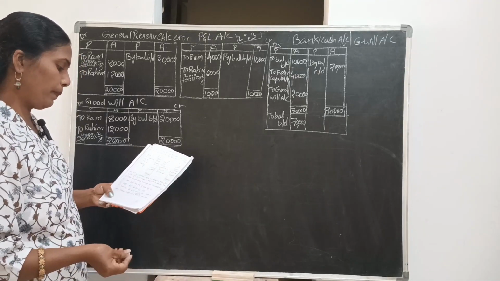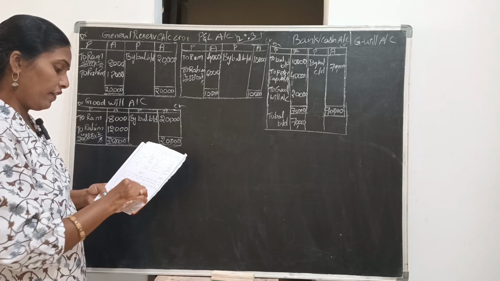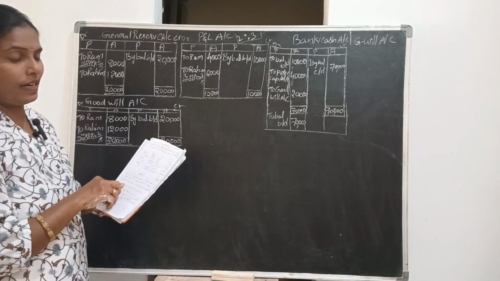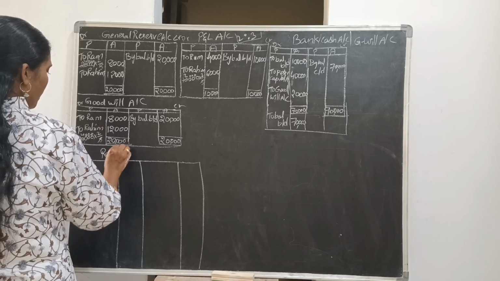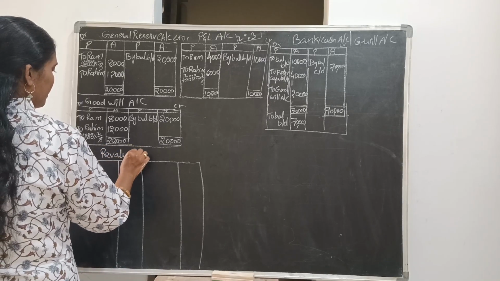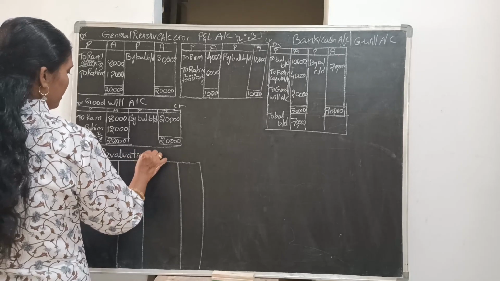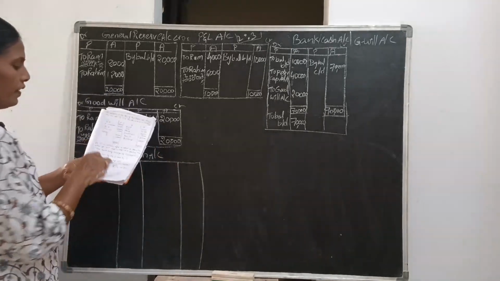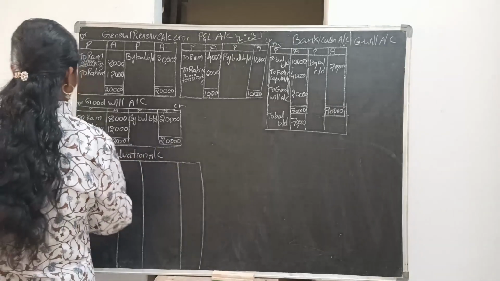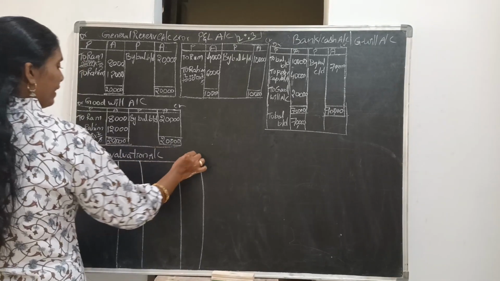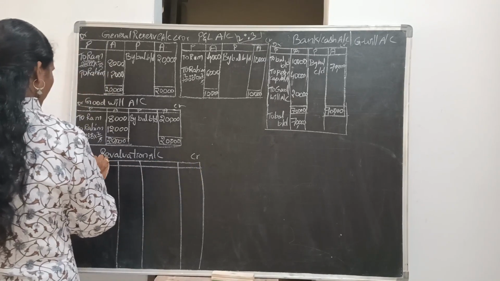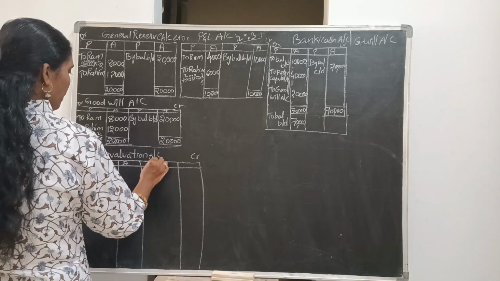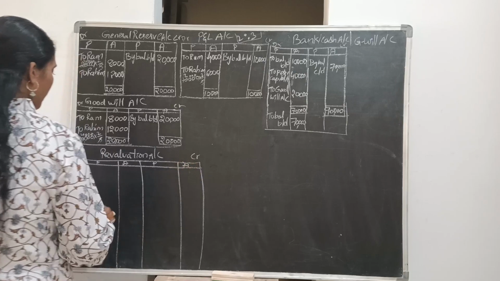Now we are going to prepare the revaluation account, then the partners' capital account. Revaluation of assets and liabilities. Some adjustments are given here. Revaluation account, debit side and credit side, particulars, amount.